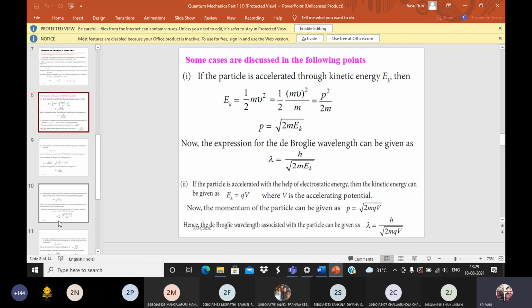All moving particles possess momentum, the previous model, and they also possess kinetic energy, the present model. So lambda is equal to h value 6.62 into 10 power minus 34 by root of 2 into mass, that is 9.11 into 10 power minus 31 kilograms, into kinetic energy 1.6 into 10 power minus 19.